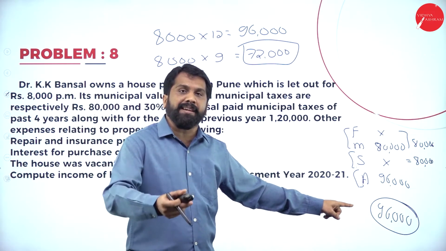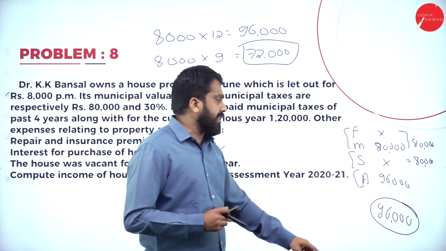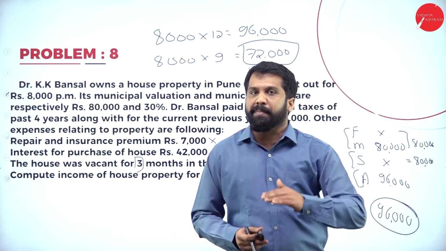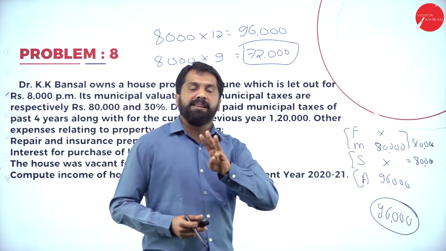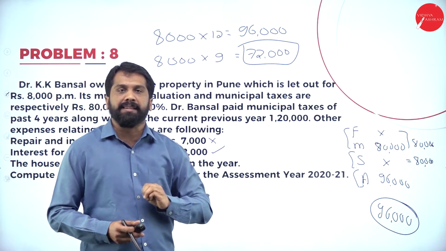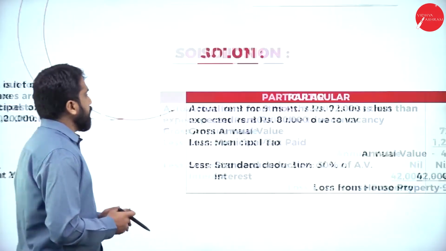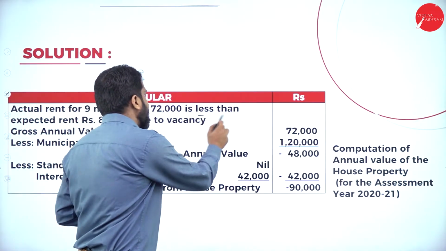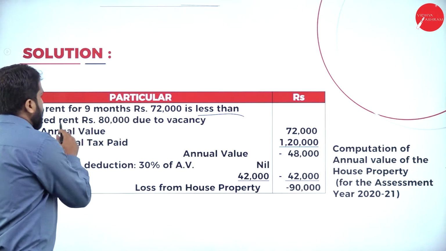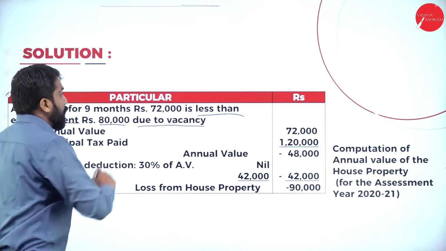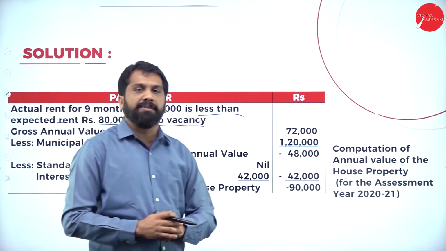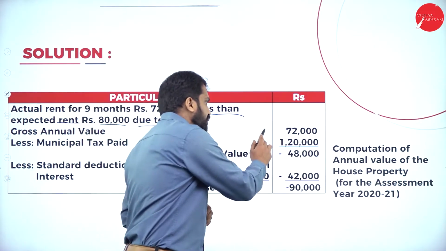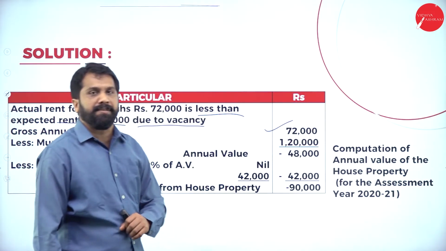But while writing, we should consider only 72 because 96,000 minus 3 months rent. 3 months rent they have not collected. Clear? Yes. Now, see, actual rent for 9 months, 72,000 is lesser than expected rent of 80 due to vacancy. If vacancy was not there, then we should go for higher. In this, we should consider 72,000.